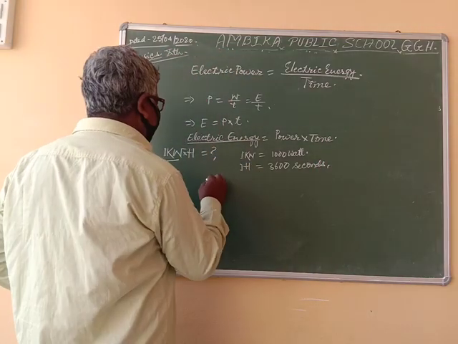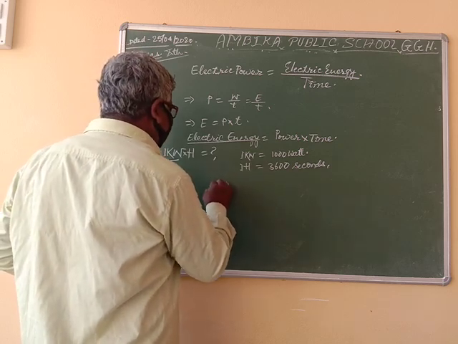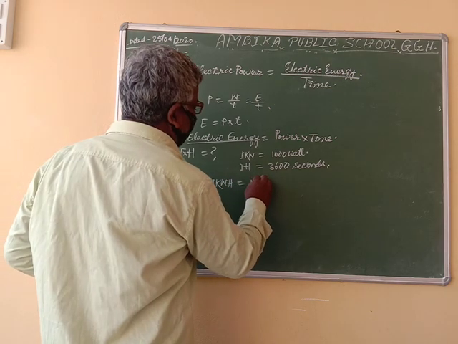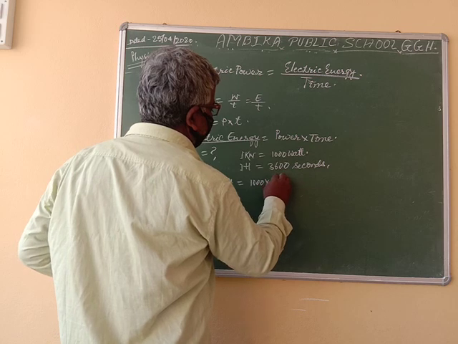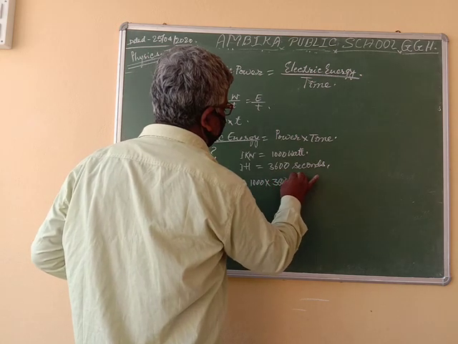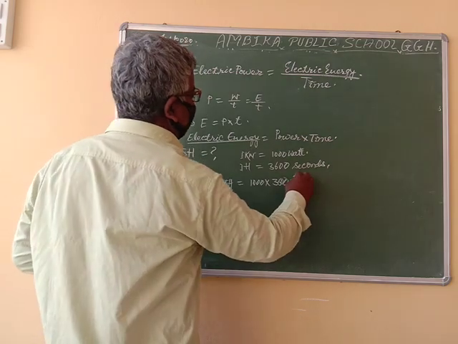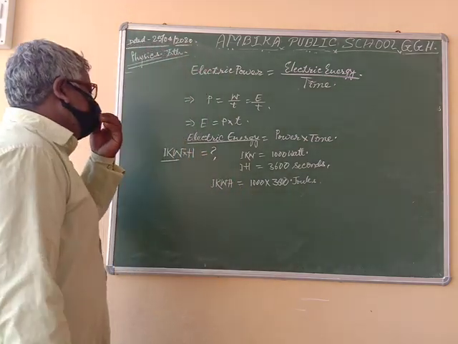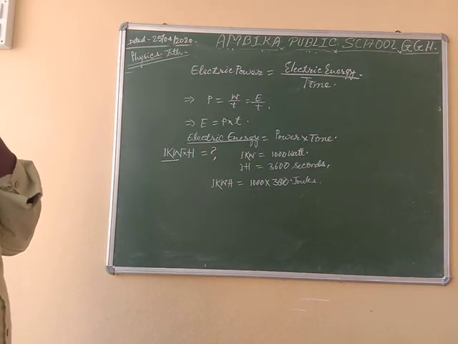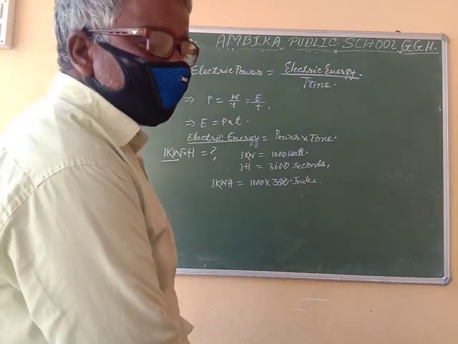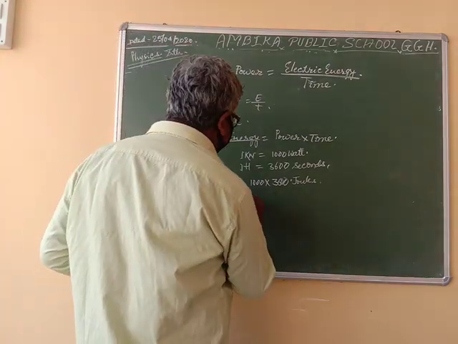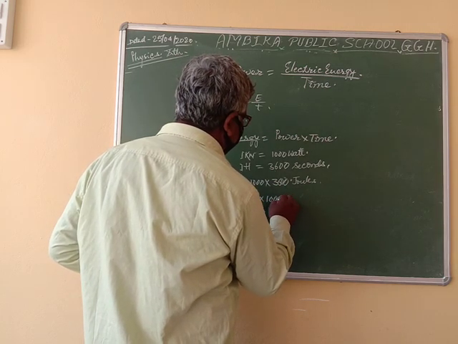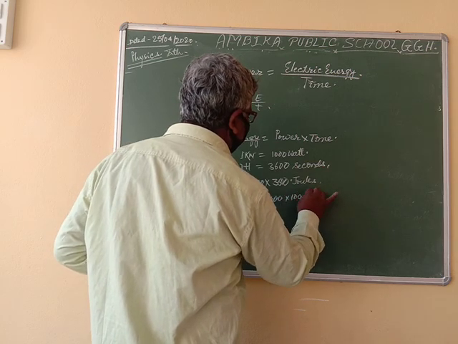So 1 kilowatt hour is equal to 1000 watt into 3600 seconds, in joules.